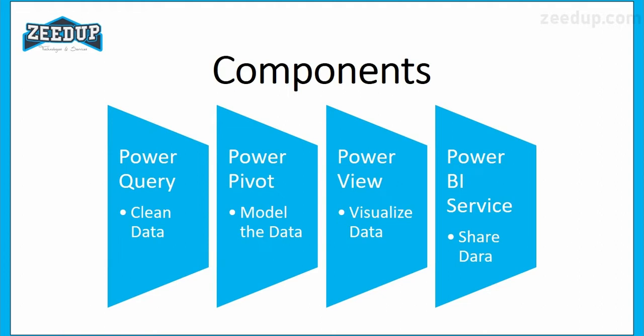If you want to share the data online, you can use this component of Power BI, that is Power BI Service. Here you will be able to communicate your data, or share your data with everyone out there, and they would be able to interact with you using this data, or you can interact with them using your reports.